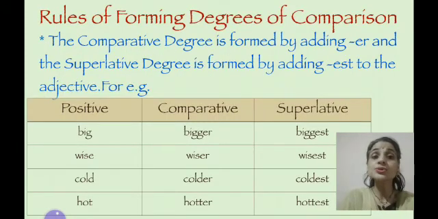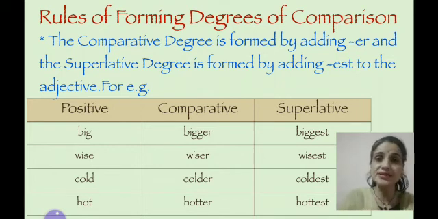Now how to form degrees, how to change degrees from one to another. The comparative degree generally is formed by adding er, and the superlative degree by adding est at the end of the adjective.